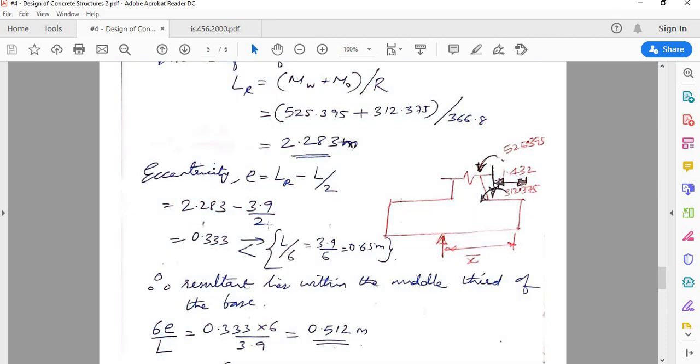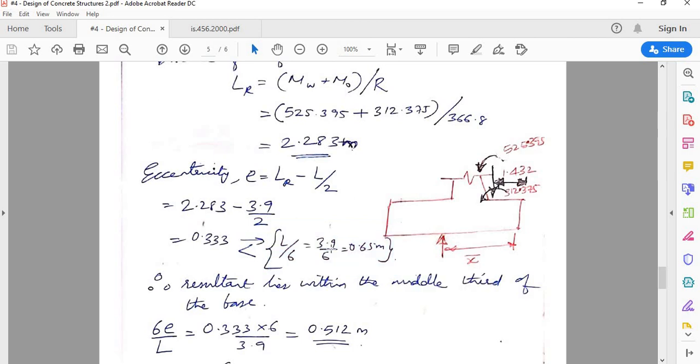Now you might know this principle, I assume. We haven't discussed it in the theory of retaining walls, but it should have been covered in the footing theory or foundations theory.